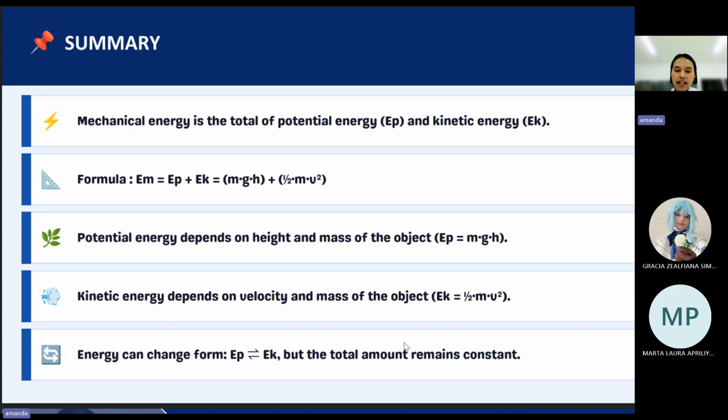Number three, kinetic energy depends strictly on the velocity and mass of the object, where energy kinetic equals half times m times v squared. And the last and most importantly, energy can simultaneously change form between potential and kinetic energy, energy potential into energy kinetic, but the total mechanical energy always remains constant.